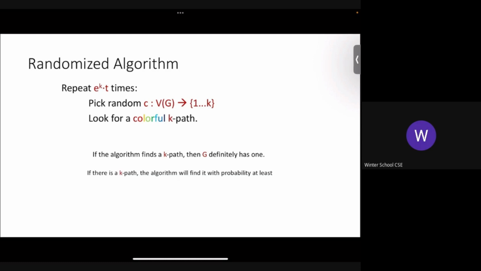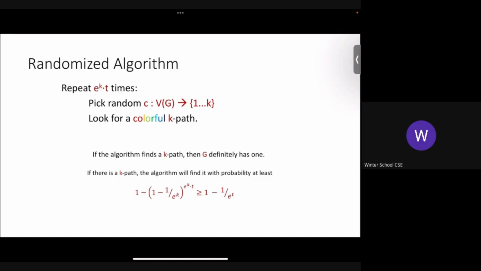What is the probability that my graph contains a k-path, but I am not able to find the colorful path? Let's do some calculation. This is the probability that I do not find my path in one experiment, but now I repeat my experiments e to the power k times t, so I decrease the probability every time. So the probability that I fail is 1 minus this thing.